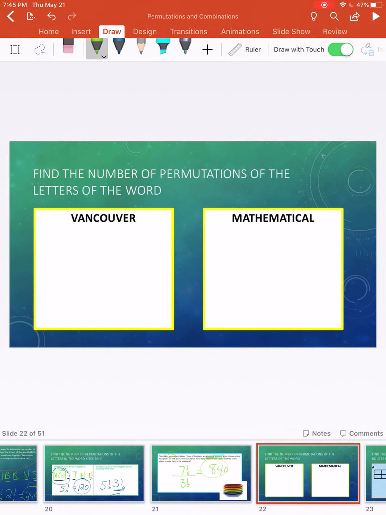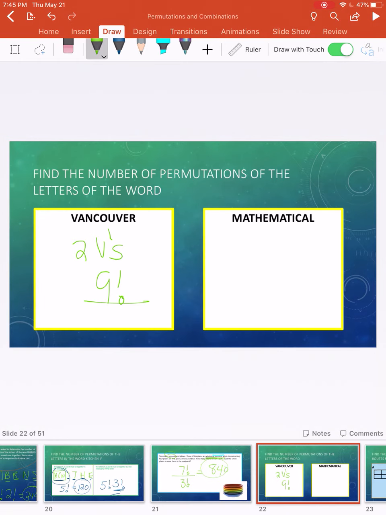All right, so you'll see similar questions with letters. So whenever you're given a question where you're asked to rearrange letters, always look at the word and ask yourself, are there any identical letters? In Vancouver, we have 2 V's. It looks like those are the only identical letters. Now we will count all the letters to figure out the total amount of items we're arranging. 1, 2, 3, 4, 5, 6, 7, 8, 9.